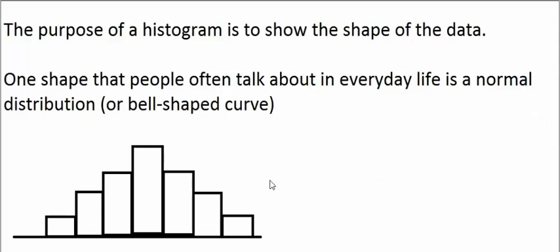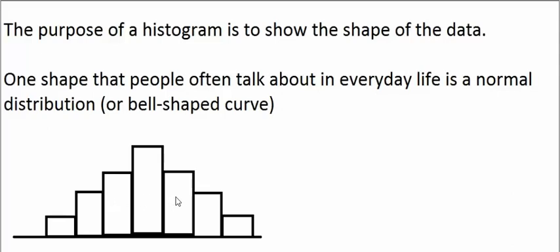So before we move on, I wanted to say that there are a lot of things in everyday life that follow a normal distribution, or at least close to a normal distribution. One example is height. If you looked at the heights of people in the general population, the heights would follow a normal distribution, or at least pretty close to it, because in the general population, you have a few really short people, you have a few really tall people, but most people are in the middle somewhere.